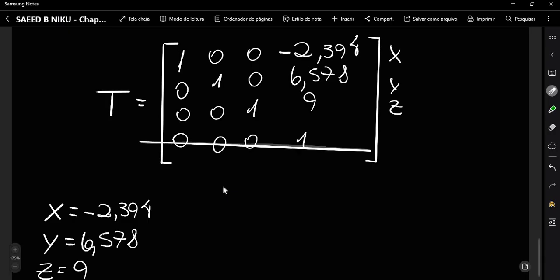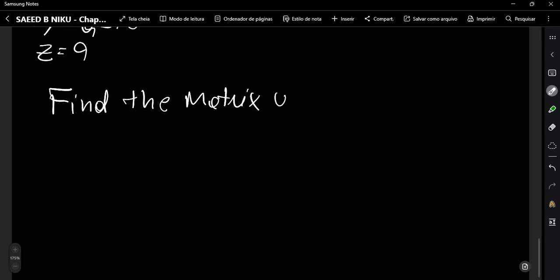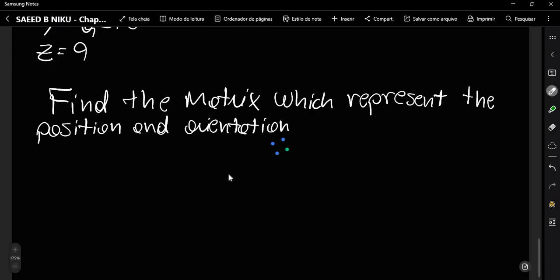And this last line is the scale factor W. And it asks us to find the matrix which represents the original position and orientation.